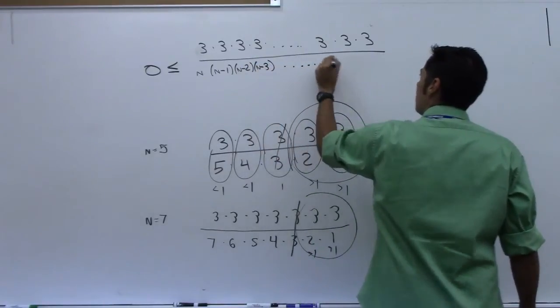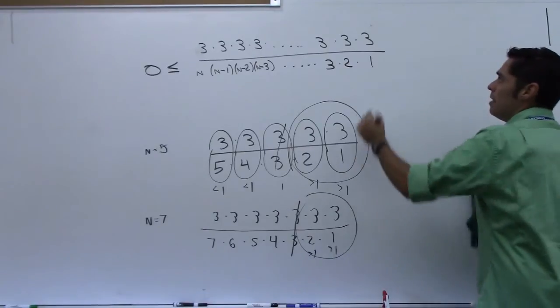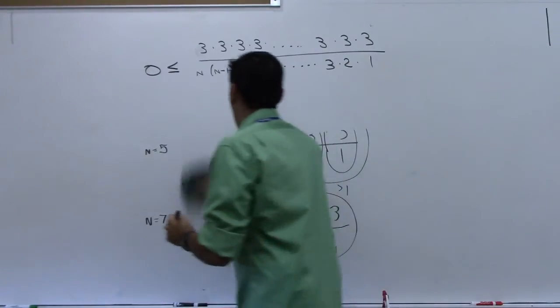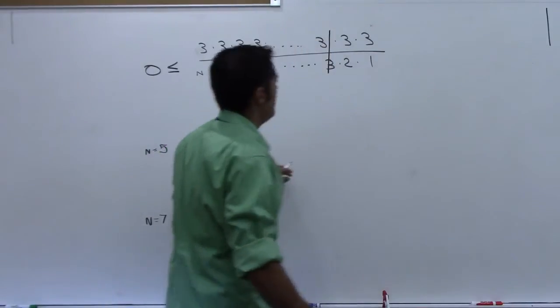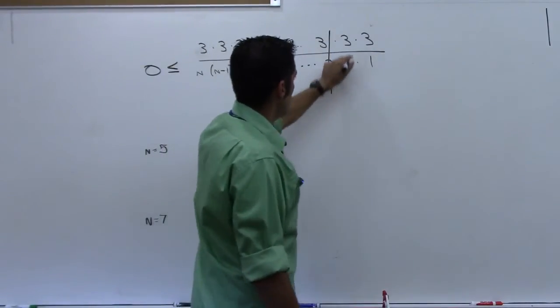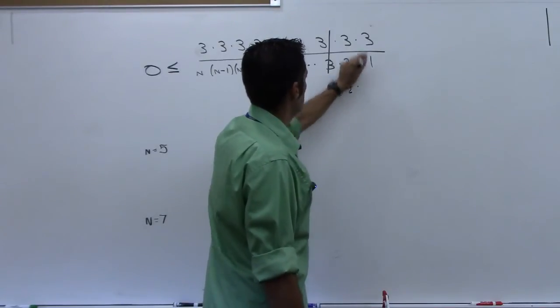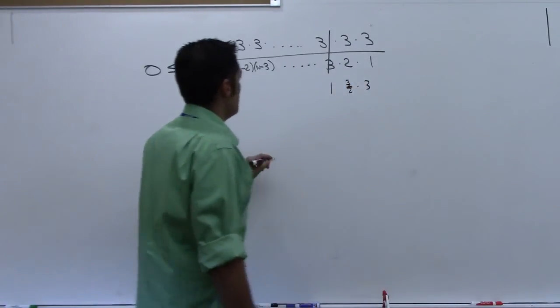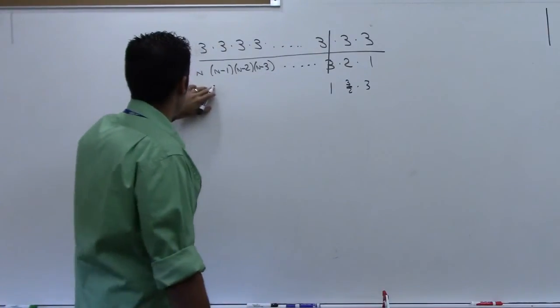And then I go all the way down to 1. So we already know that at this point in time, we'll have a 1 there. We know these two are bigger than 1. In fact, this is just 3 halves, and this one is just going to be 3. The rest of these, all of these, are all less than 1. So what I'm going to do is this.